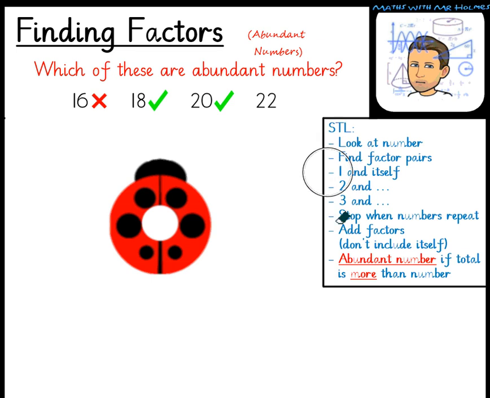On to the final number, which is the number 22. So we'll look at the number and write it down. Now we'll go ahead and find the factor pairs, starting with 1 and itself.